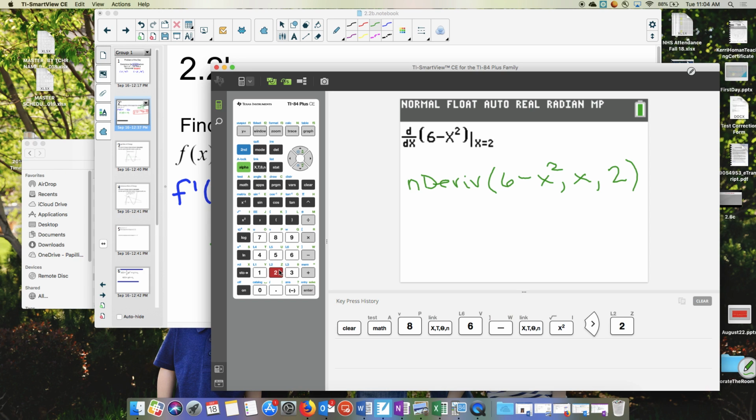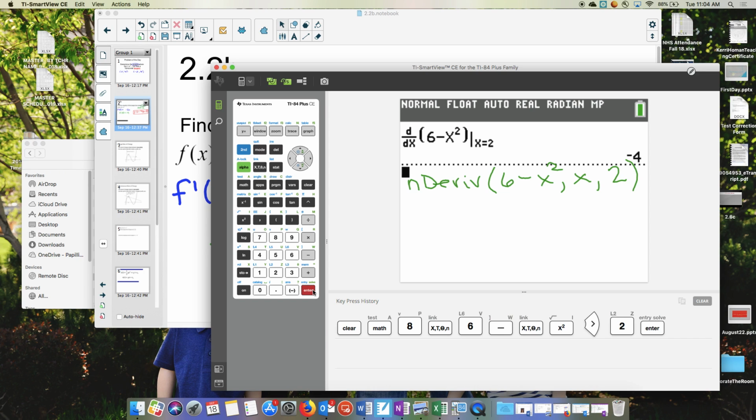Okay, my 83s. Whose doesn't look like this? Whose doesn't look like this? Autumn and Chris and Tegan. Okay. Autumn, Chris, Tegan, did you figure it out? Okay. Awesome. What do we get? -4. Okay, that's a way for you to check yourself. There will come a time where maybe you'll get to evaluate a derivative on your calculator in a test.